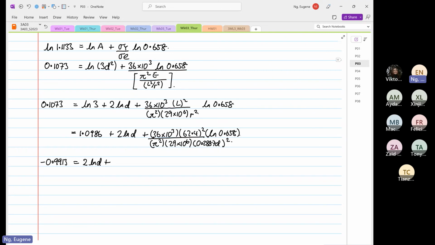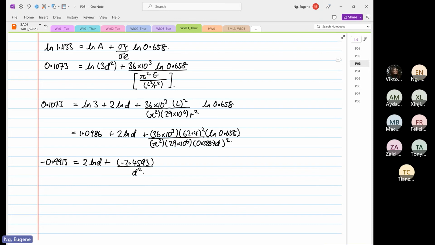So it's equal to plus minus 4.2593, close bracket, and over here you have a d squared. You have a d squared down here. Let me do it again: 36 to the power 3 times 62.4 squared times the natural log of 0.658, divided by pi, divided by pi, divided by 29 to the power 6, divided by 0.2887, divided by 0.2887.